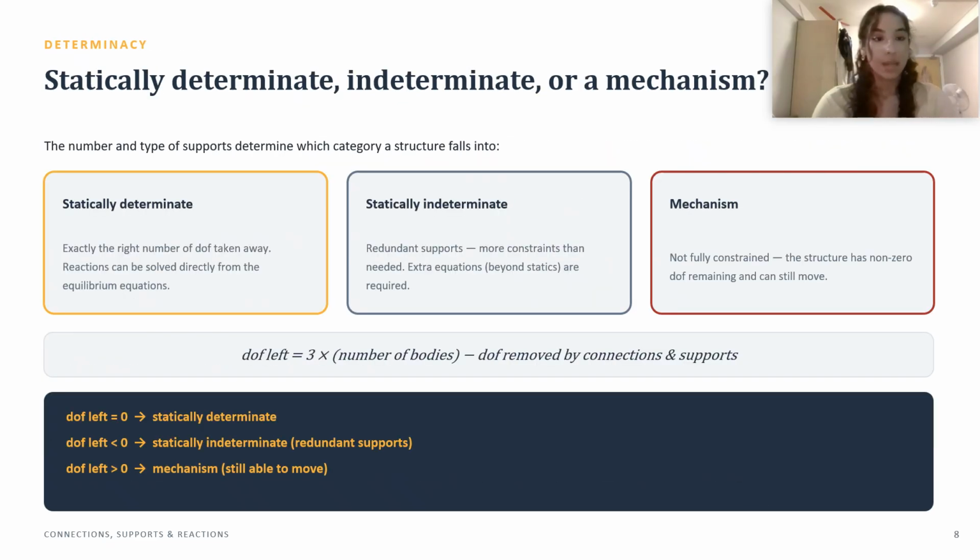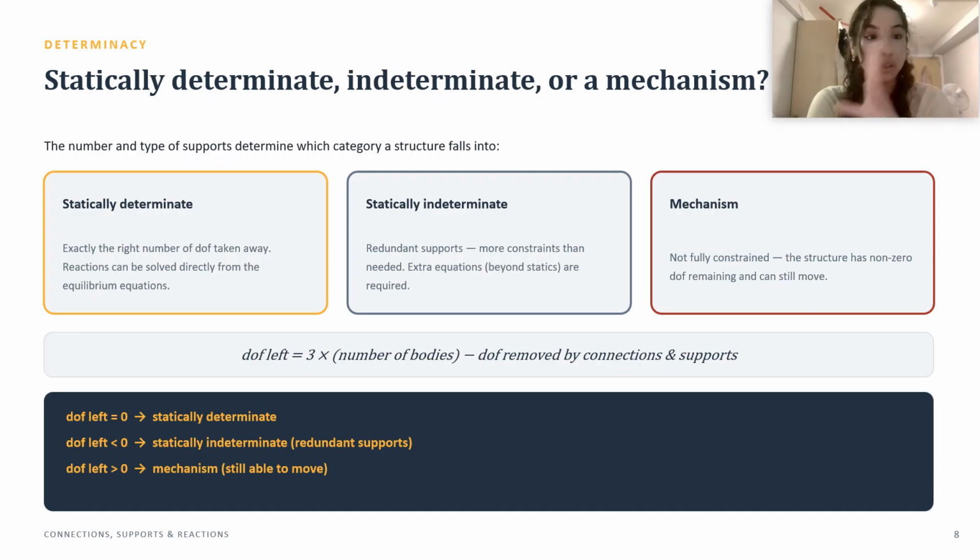Right. Now, after we've learned about supports and connections, there is something very important to know: statically determinate, indeterminate, or a mechanism. This is very important for the upcoming videos. Statically determinate means exactly the right number of degrees of freedom taken away, so the degrees of freedom left is 0.